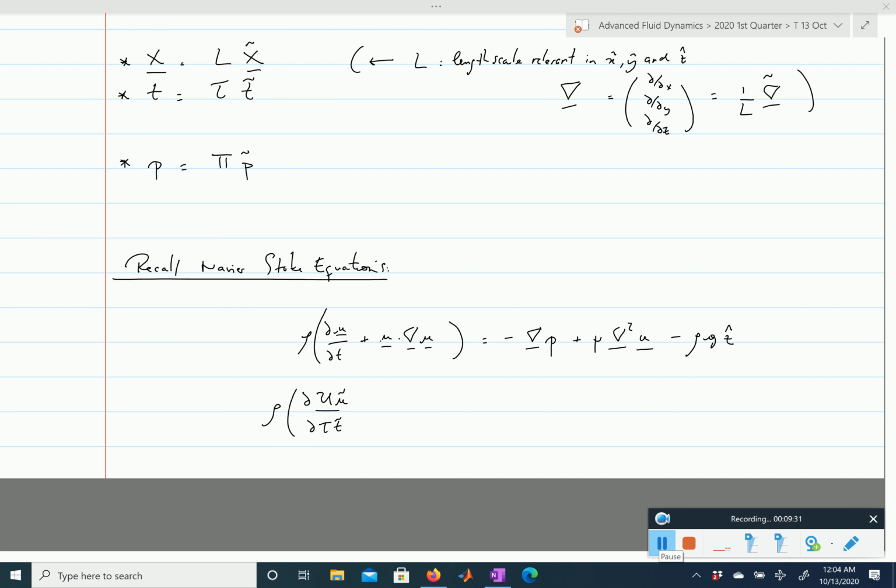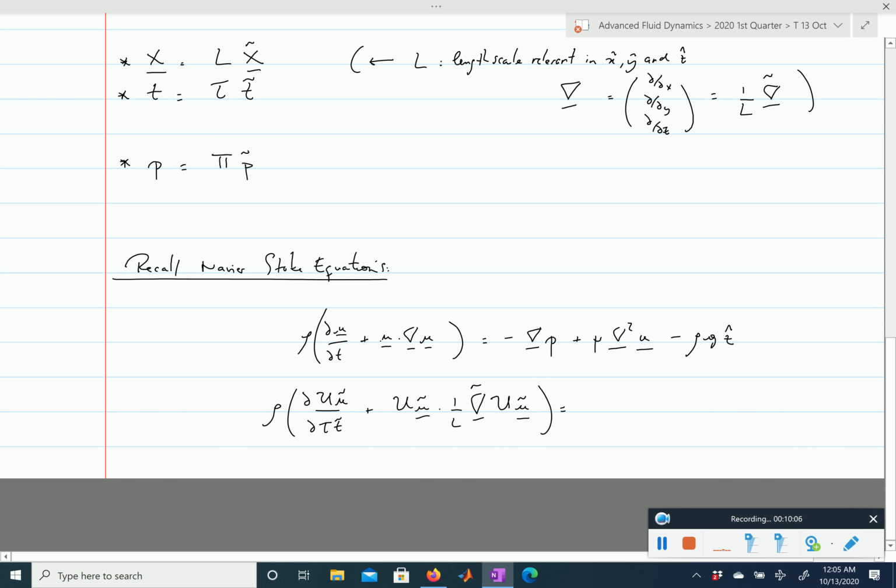And we can do this for all of our different terms. So u here is again our characteristic length scale for u times non-dimensional u dot nabla. So we'll use our 1 divided by L times the non-dimensional nabla operator. And we have a u left here. So this is again characteristic velocity u times non-dimensional u.